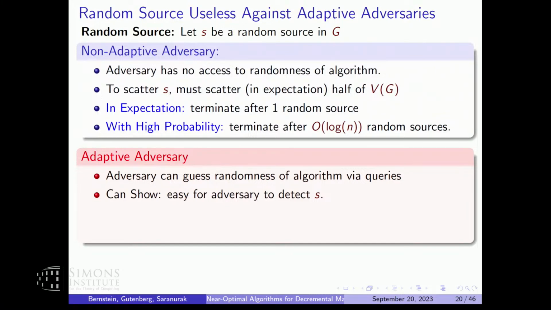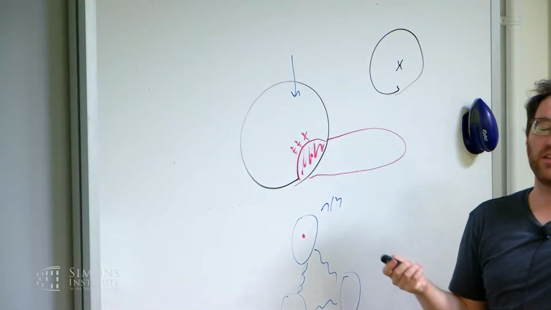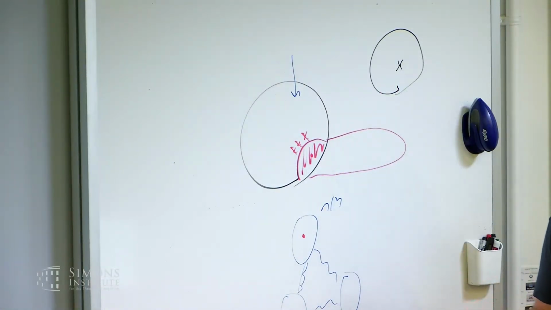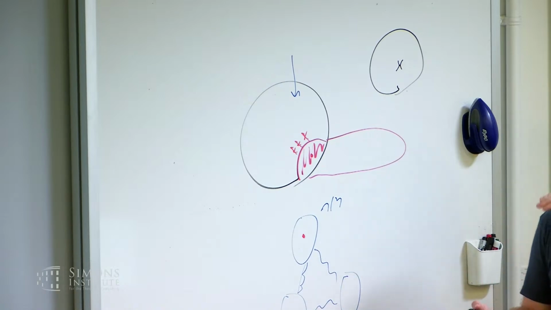And so your graph still looks basically the same as before. The graph is essentially the same, but all of your work was for nothing because your source got destroyed, and you have to pick a new source, and you have to keep going. And so in the end, the adversary can basically force you to pick every vertex as a source. So this is very inefficient against an adaptive adversary.